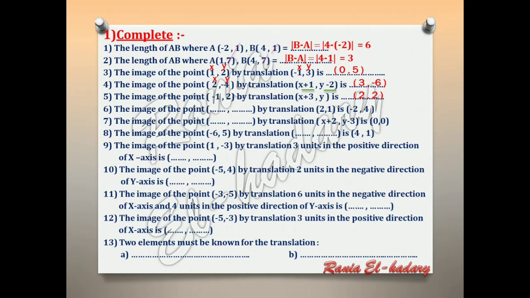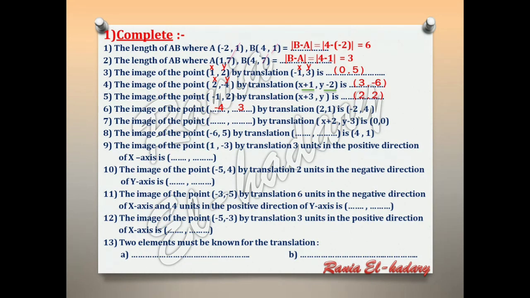Subtraction: image minus translation. We have -2 minus 2 equals -4, and 4 minus 1 equals 3. If you have the translation and the image, do subtraction, image minus translation, to get the point.